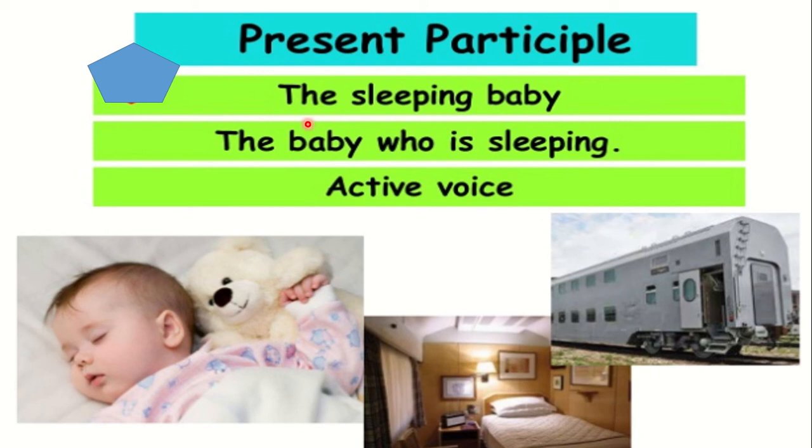So we use present participle with the noun baby, which actually means the baby who is sleeping. Have a look on these two pictures. There's a bed, and this is one more picture. What do you think it is? Can you guess? And can you use present participle with these two nouns? Do try.